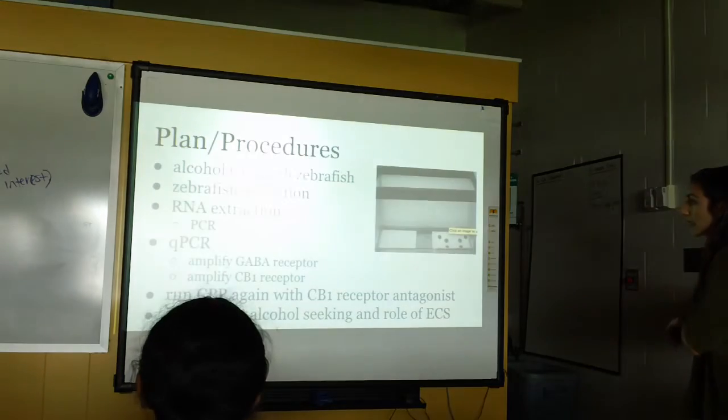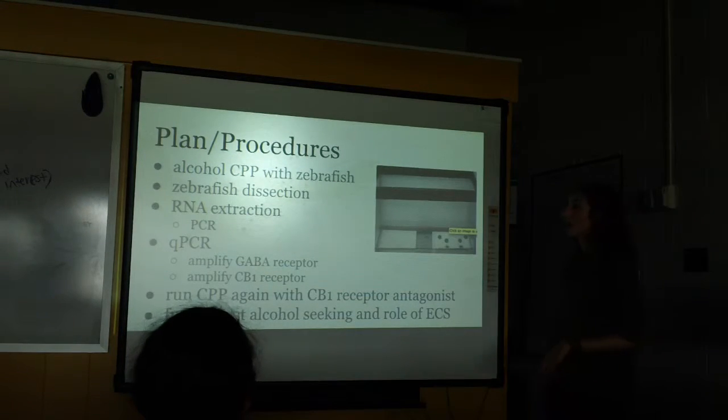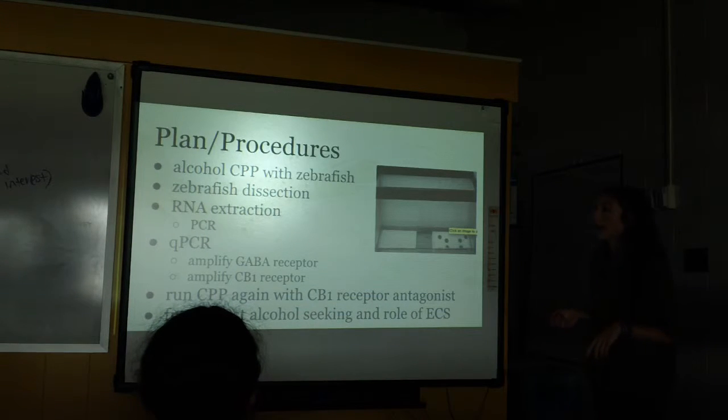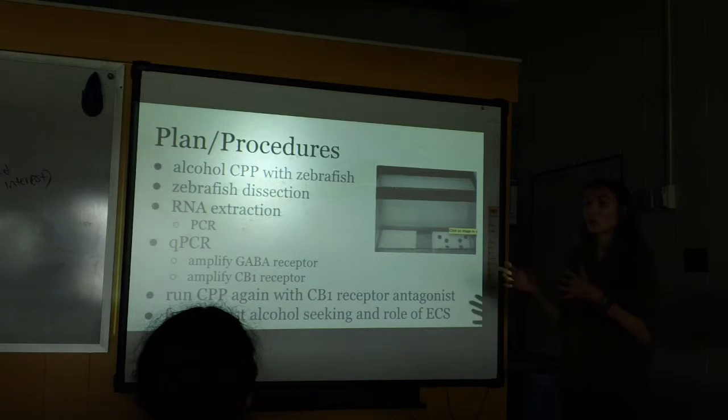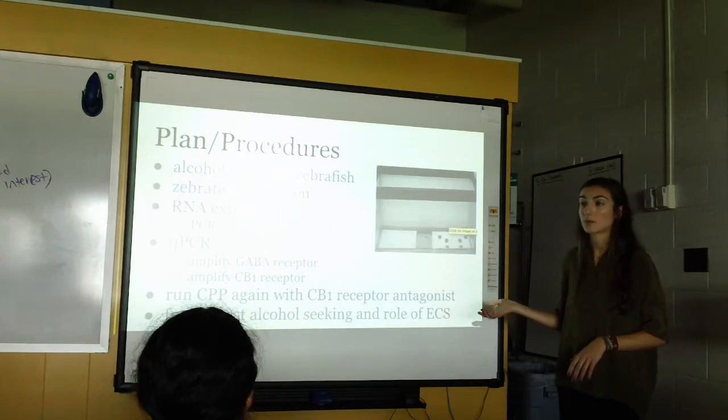As I said before, we've been doing alcohol CPP with zebrafish, and after that we dissect the zebrafish brain. The overall goal would be to detect a receptor called the CB1 receptor, which is part of the pathway described before.